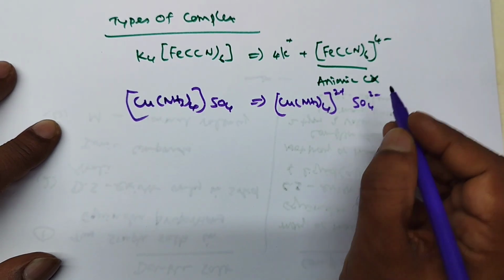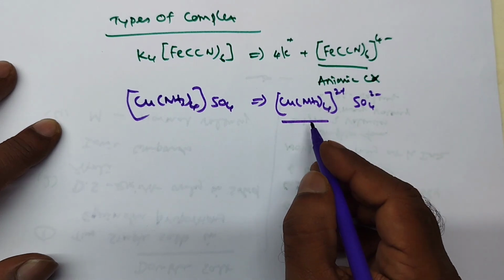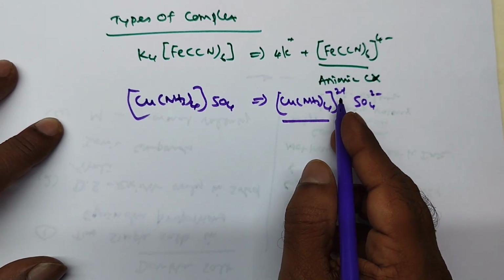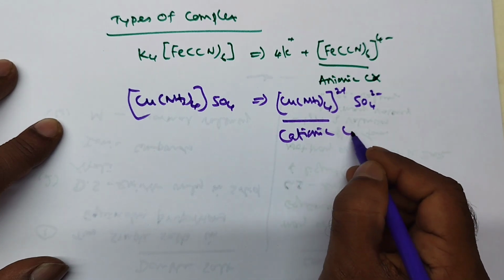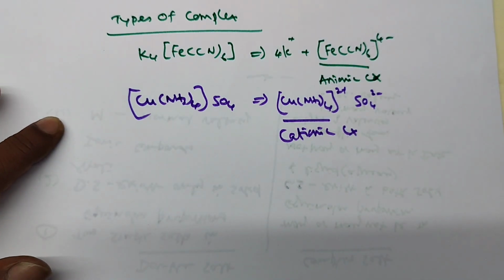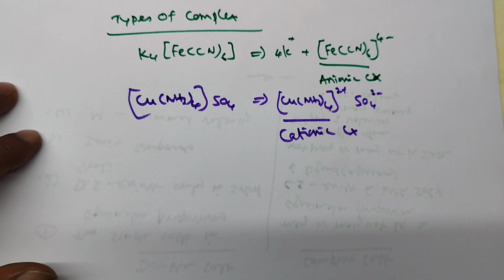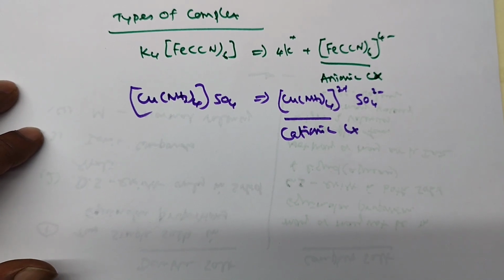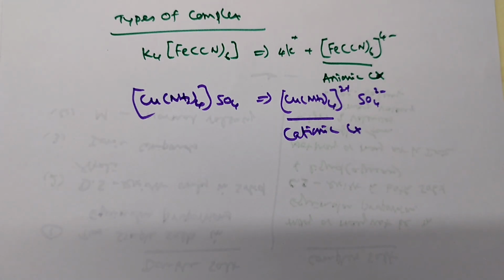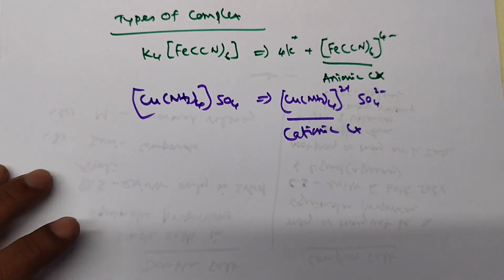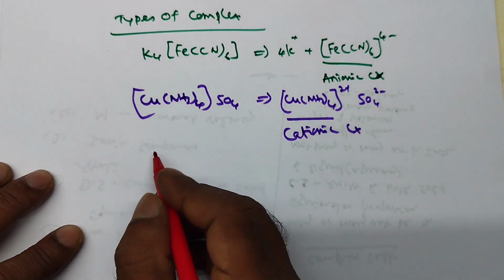Here this complex is in the form of cation, so this is a cationic complex. Then another example is one that is neither cation nor anionic complex; we can call this a neutral complex.